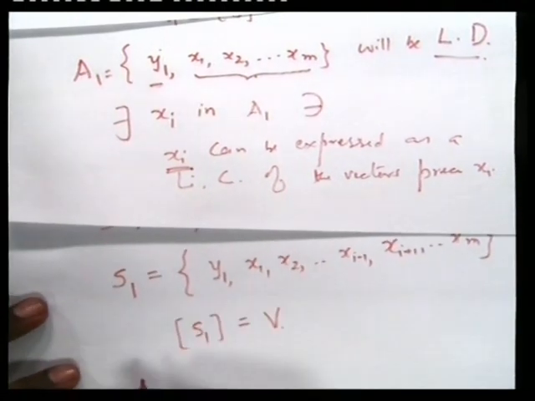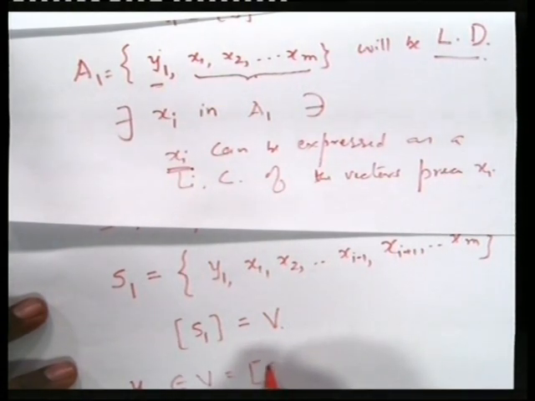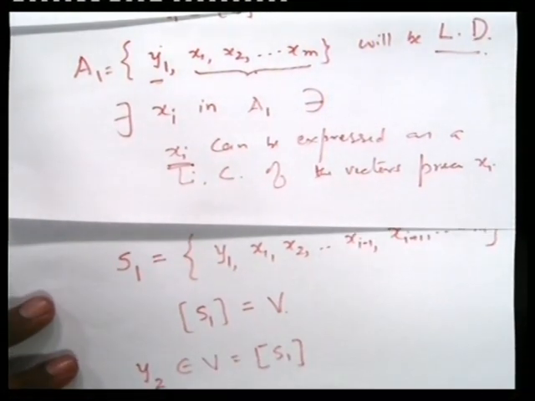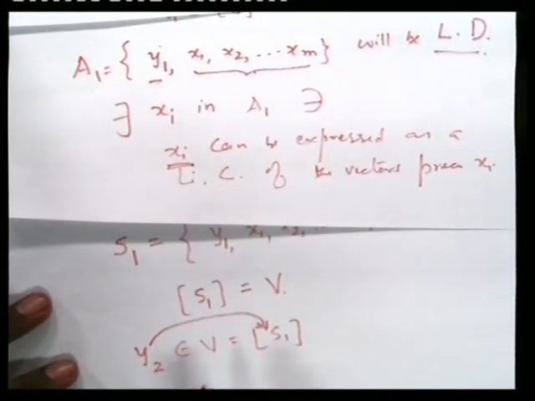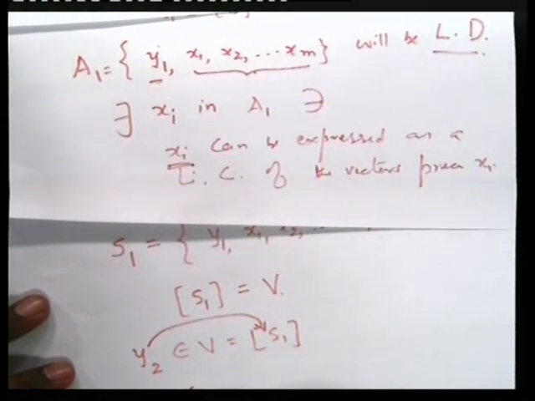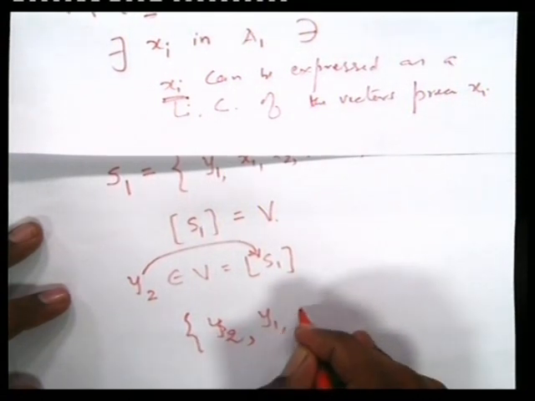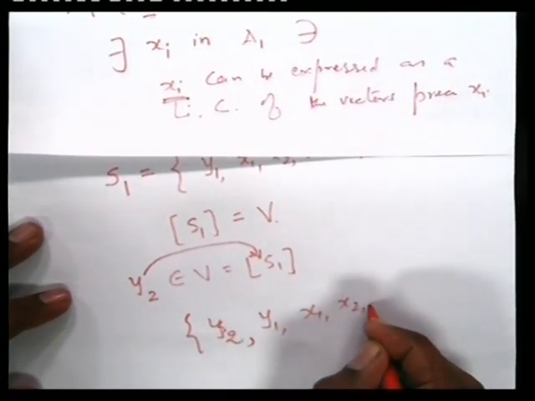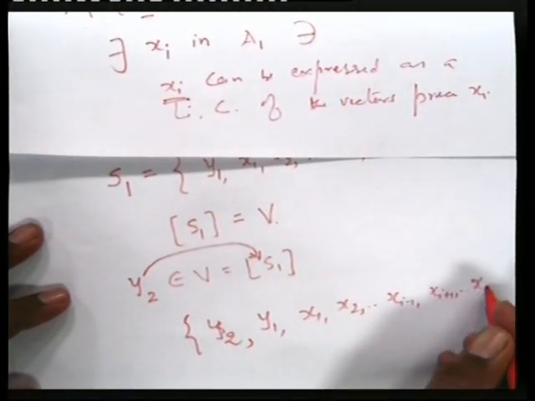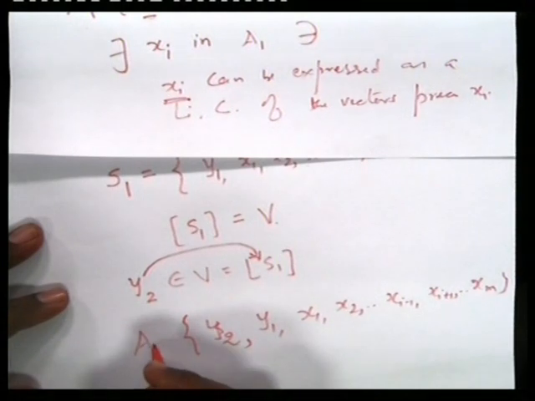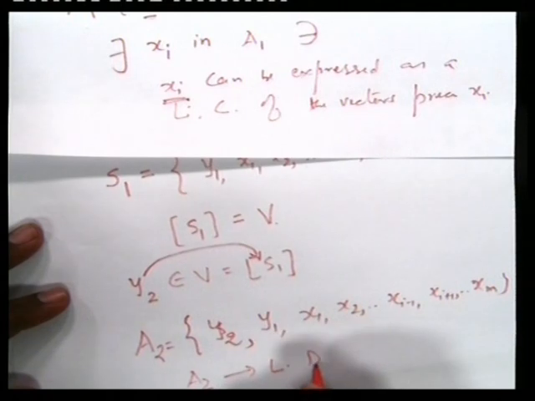Again, we know that y2 belongs to V, and V is equal to span of S1. That means if we include y2 in set S1, then y2, y1, x1, x2, up to xi minus 1, xi plus 1 up to xm, and if we define this set as A2, then again A2 will be a linearly dependent set.